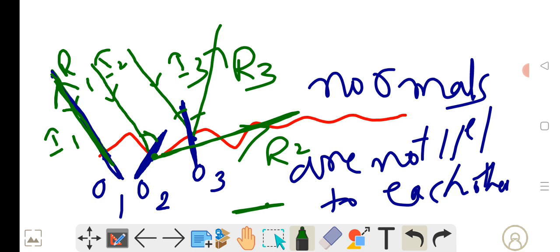So with this you can conclude that at any surface the laws of reflection are obeyed. It can be regular reflection, irregular reflection, plane surfaces, curved surfaces, any type of surface. Okay, understood? This is very important.